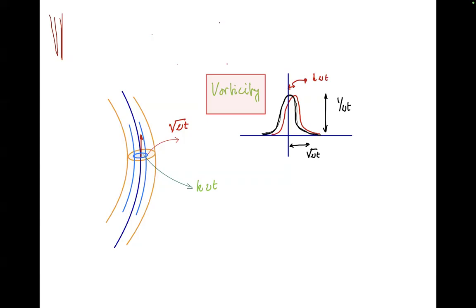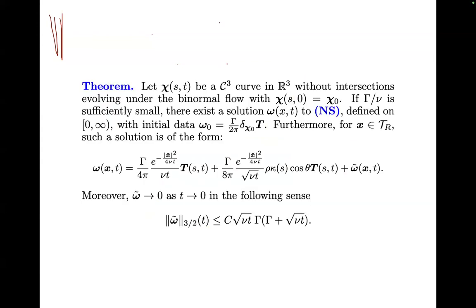So this is a tube inside the viscous tube, where you see that the maximum of the vorticity is not obtained precisely at the curve, but slightly shifted in the direction of the normal. And how much it is shifted is what you see there in green: the curvature times the viscosity times the time.